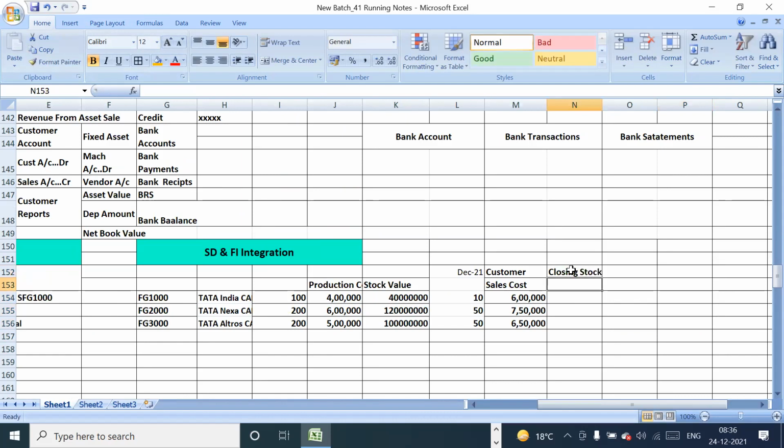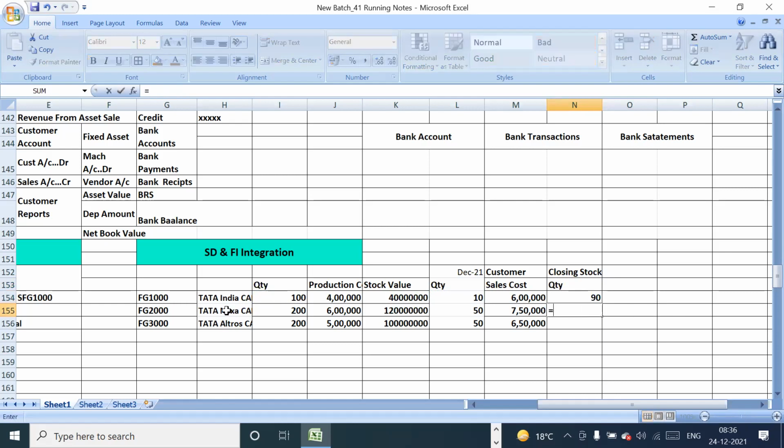If I want to see the closing stocks, this many production units we produced, and this much quantity we sold. Then if you want to see my closing stock, we can see in the stock report: 100 cars minus 10 cars sold out, 90 cars is my closing stock.